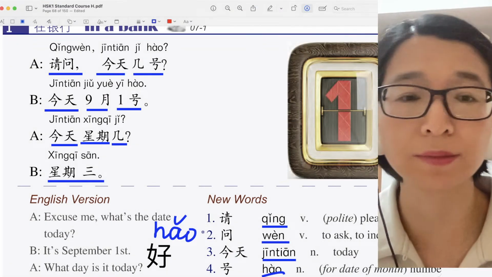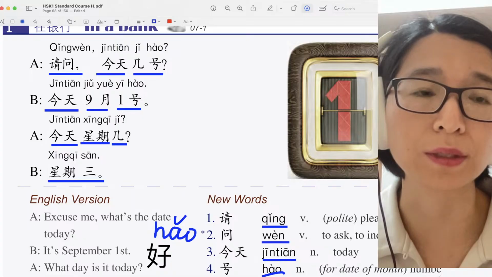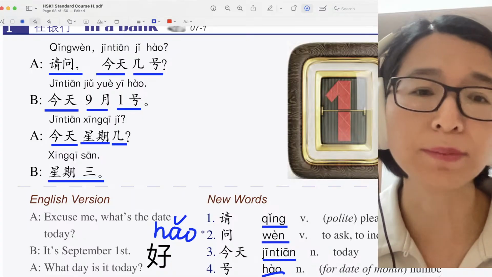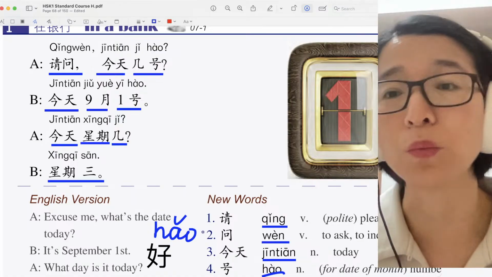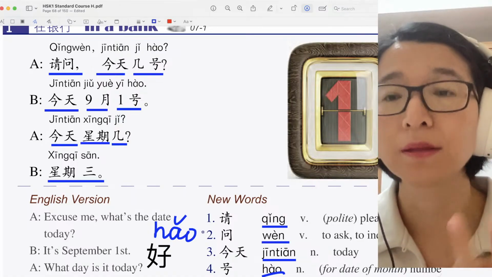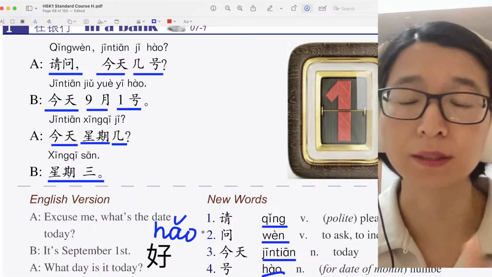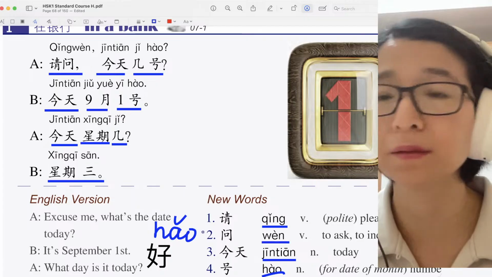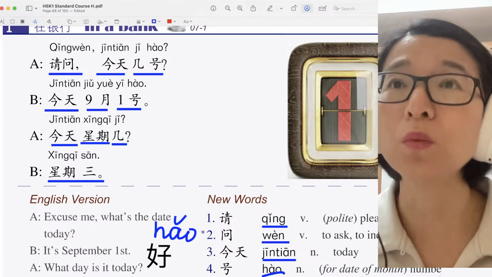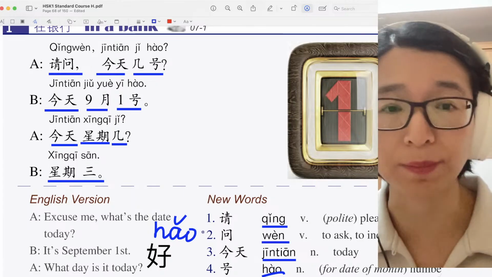How do we say it? Which is also an easy way. We just simply say 9月2号. When you say the number, 2号, just say it in the original way, not 两.